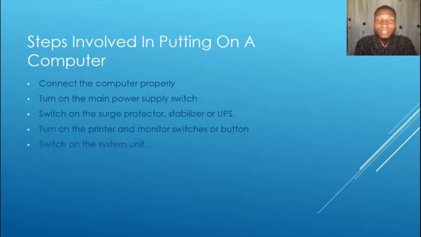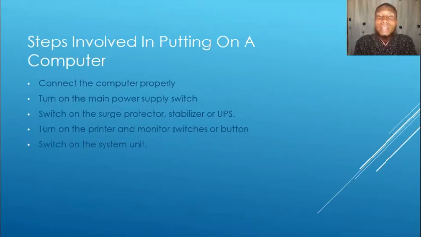So you understand that the system unit is like the main part of the desktop computer. That's where most of the things that make up the computer are, inside of the system unit, like the memory, the UPS, the power pack.